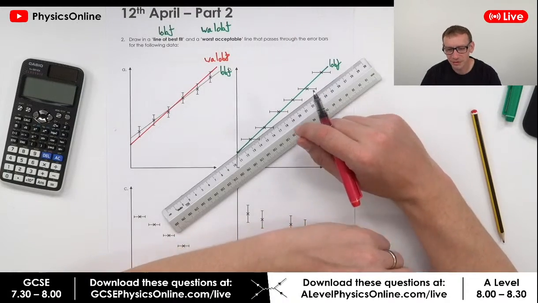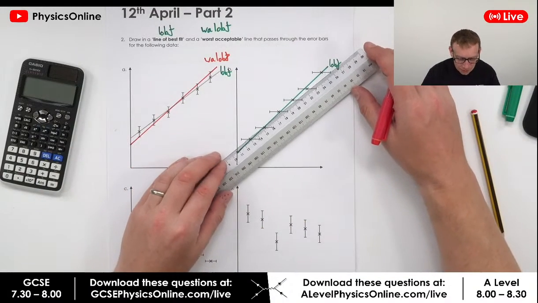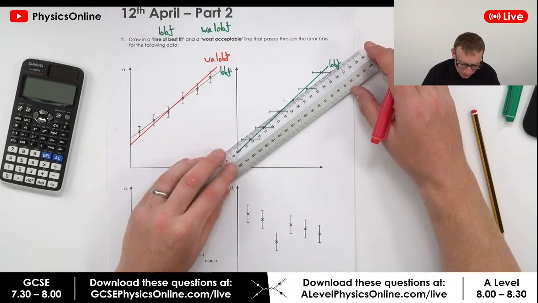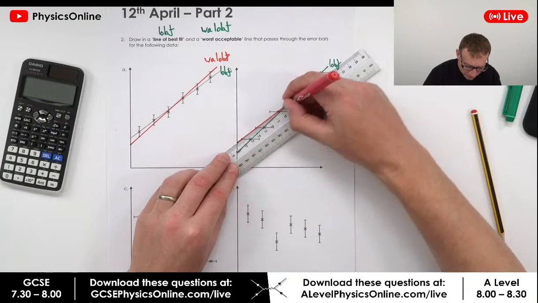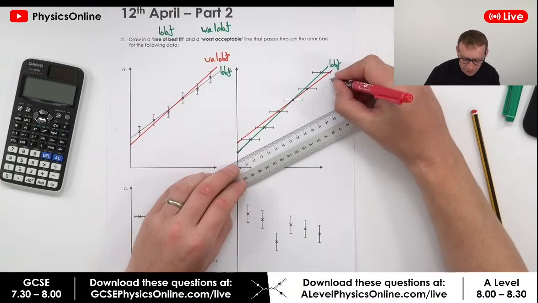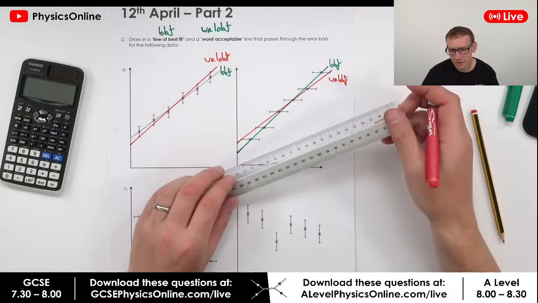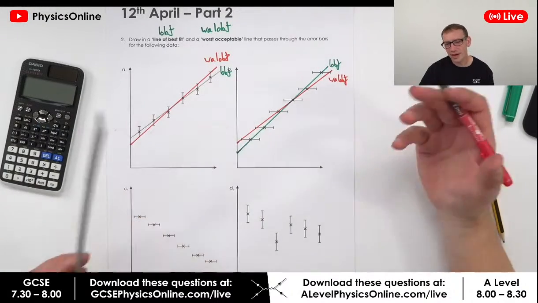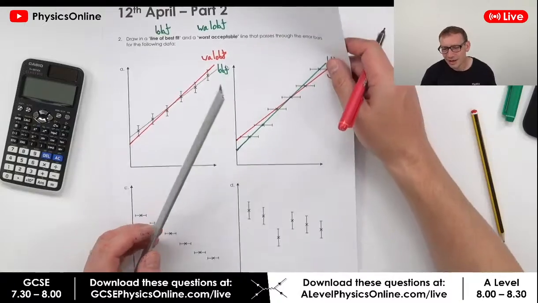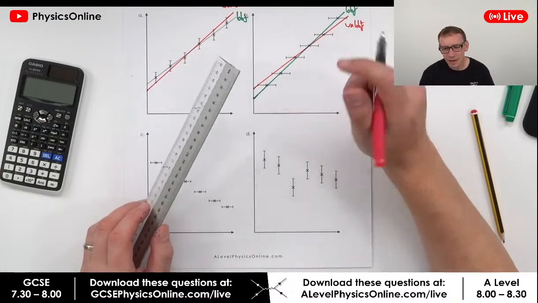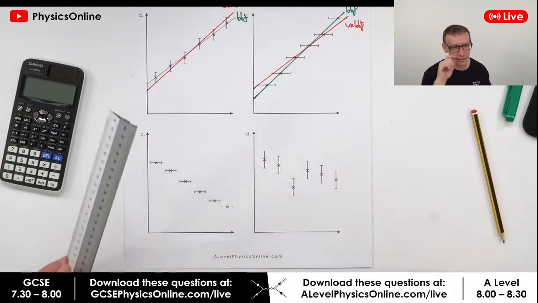Let me know in the chat. Shallow, so smokes, you're first in. Let's go shallower. So we could just have a line that basically goes through it a bit like this. The line in red is the worst acceptable line of best fit. We've got a fairly even mix of steeper and shallower. Darren, I'll talk a bit about uncertainties afterwards.